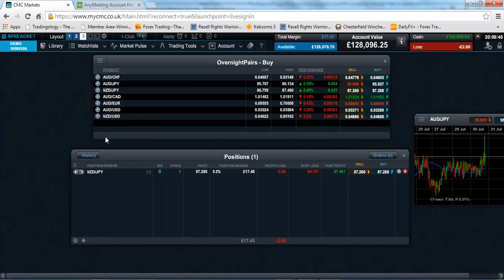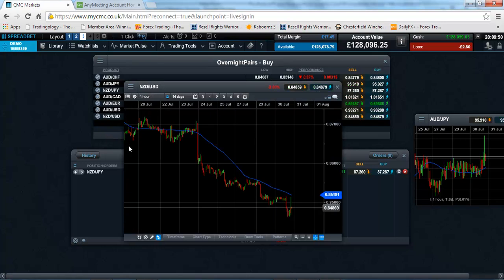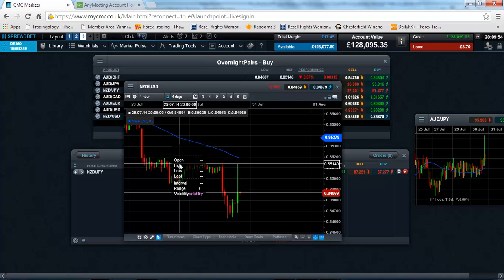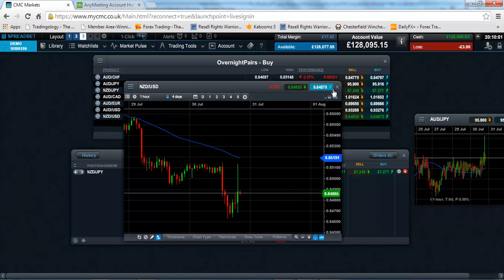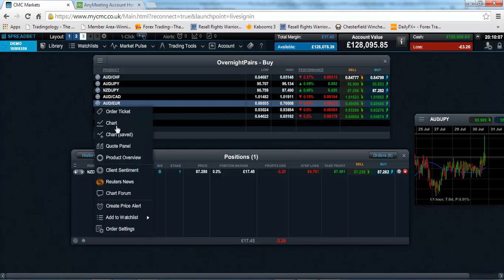Let's check NZD USD. Okay, it's below the 60 SMA, so we sit out. We don't go into this trade. Let's try AUD EUR.